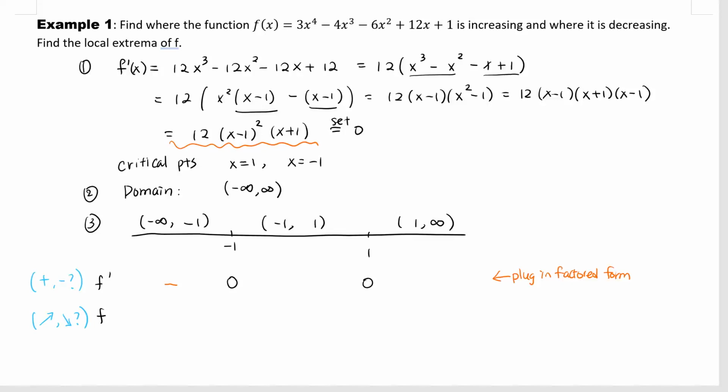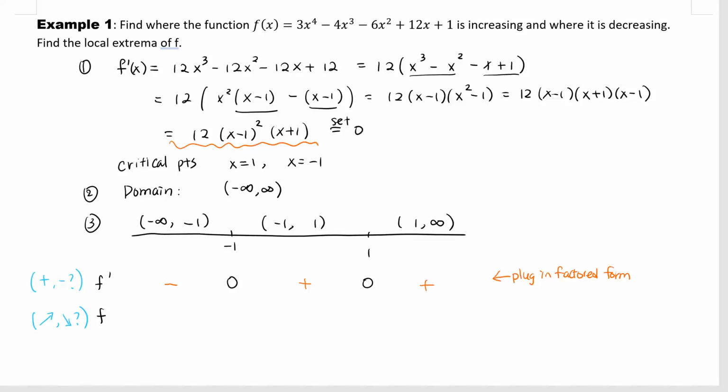What number do we pick here? 0. 0 is in this interval. So when we plug in 0, 12 is positive. (x minus 1) squared is always positive. And then x plus 1 is 1, also positive, so we have positive. What number do we pick over the interval 1 to infinity? Yes, we can plug in 2. Then 12 is positive, (2 minus 1) squared is positive, 2 plus 1 is 3, also positive.